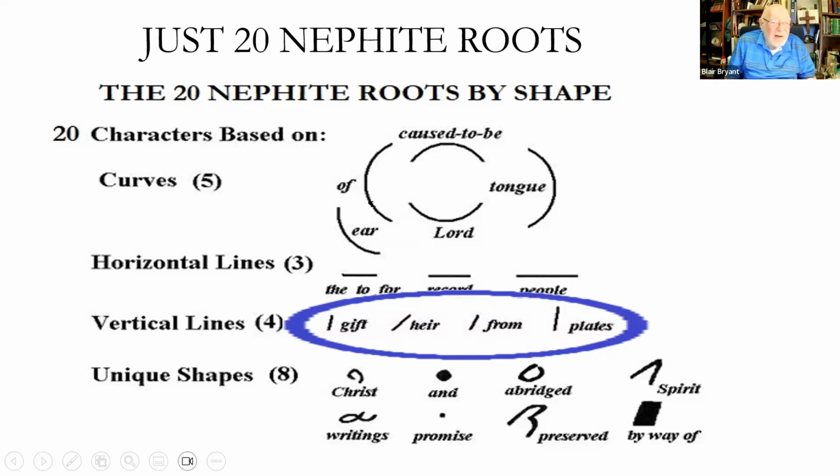The bone is angled in the images that I find, and that angle refers to an heir or son or descendant. And then there's one that represents from, and then there's the vertical one that represents plates. Now that's the one I was telling you about that derived from the papyrus, the upright papyrus.